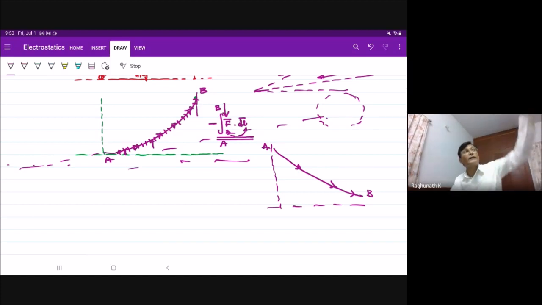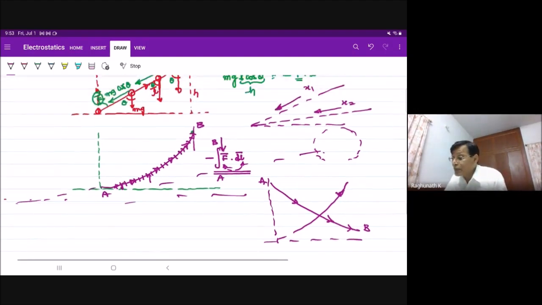You just show the path and then leave it. It will come down automatically because of the weight. You need not do any work here. In the same field, F bar dot dL bar along this path is positive. Ultimately, it should come out to be a positive value. In this direction, it should come out to be a negative value.